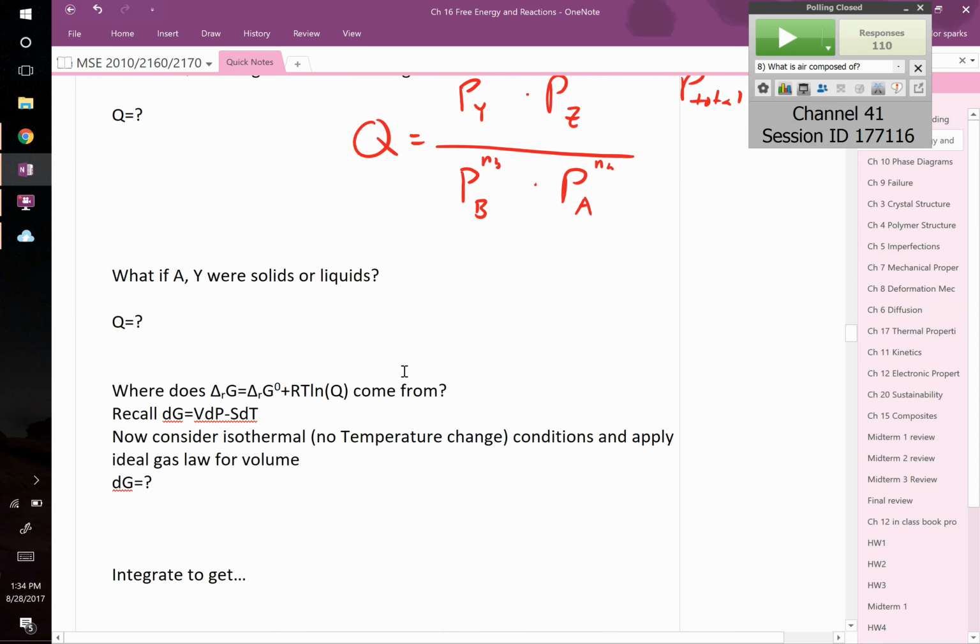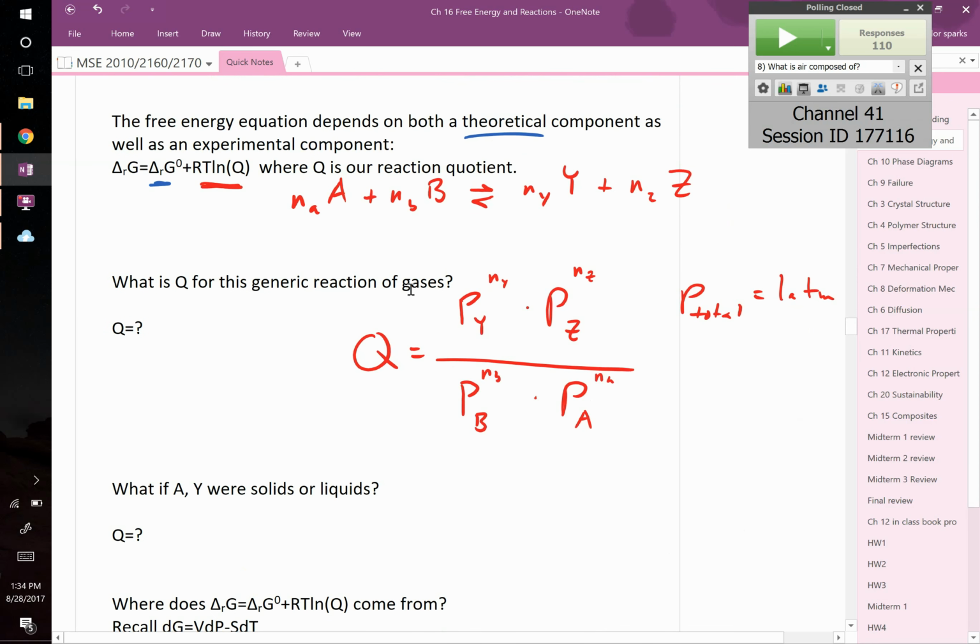Now, what if components A and Y were either liquids or solids? How do you have a partial pressure of those things? Well, in the real world, when you take thermo, you'll find out that in fact a solid can have a significant partial pressure. If you've ever opened up your Pine-Sol, you smell the ammonia.